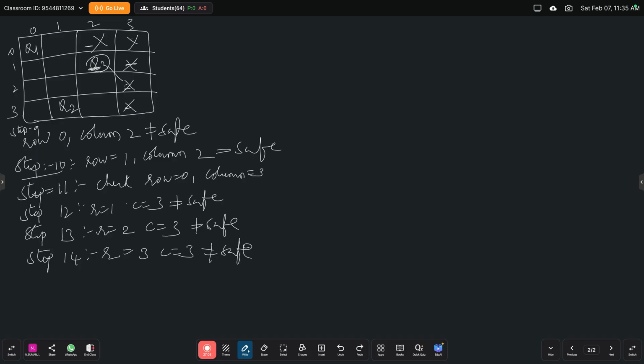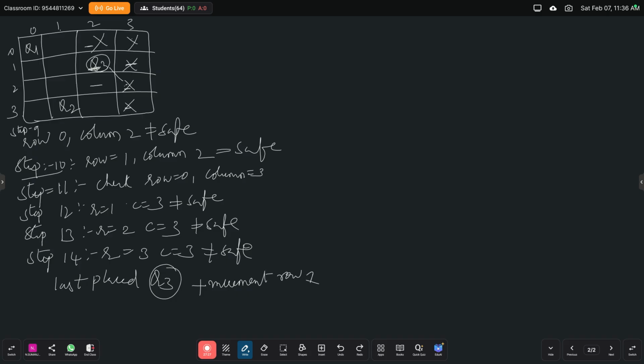After removing the last placed queen, we have to increment the row. Our last placed queen is q3. Remove that, and after removing, increment row by 1.